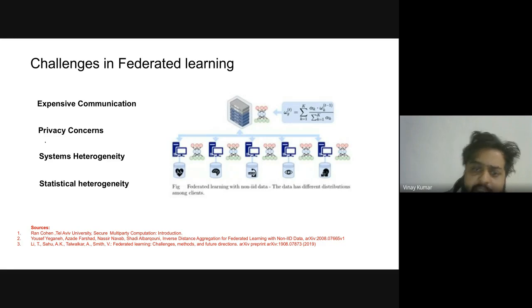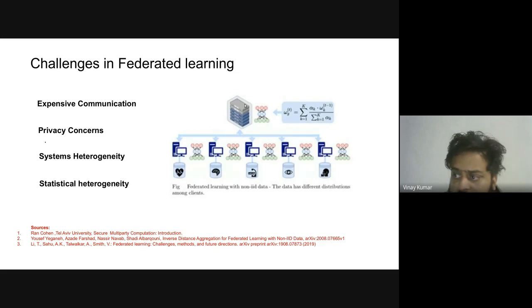Also system heterogeneity. If we consider vertical federated learning, then there is the concept that there are a lot of different types of data. Suppose this is a medical diagnostic system.